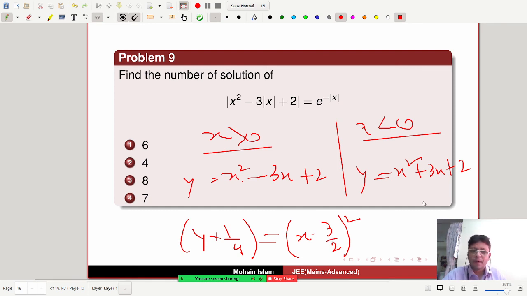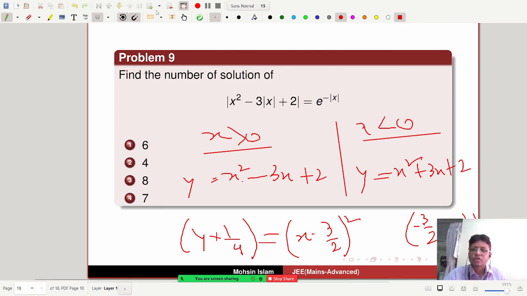In the other case, you have minus 3 by 2 and minus 1/4 as the vertex. So you have the two parabolas.